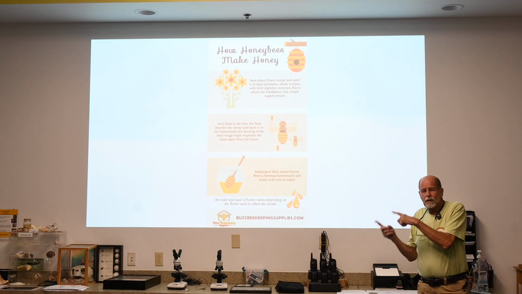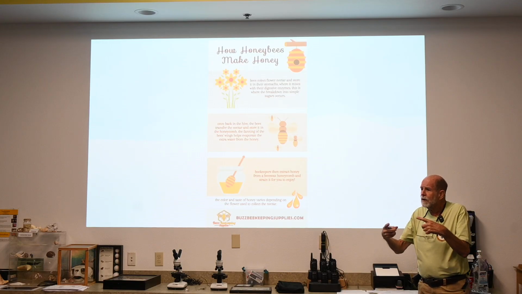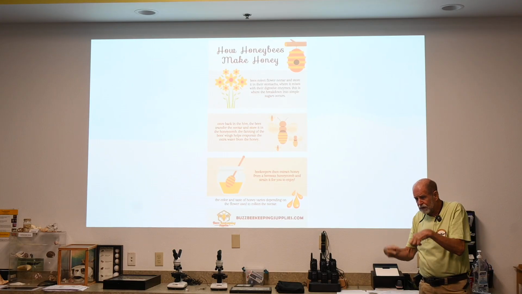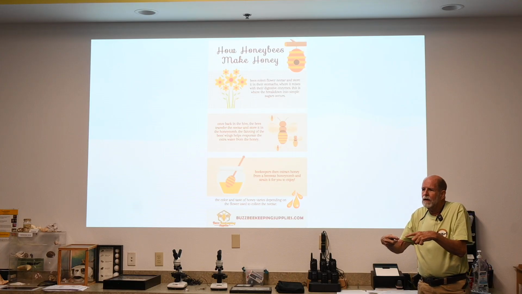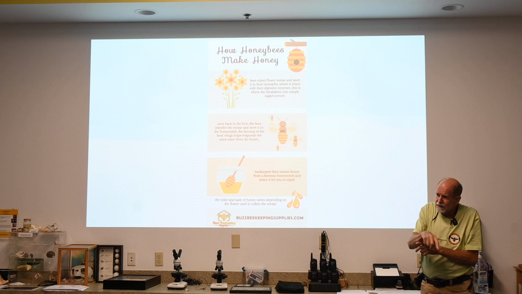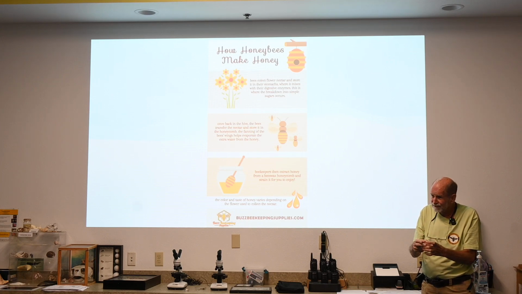She returns to the colony, to the hive, and shares that nectar that she brought with the worker bees, which will take them into their stomach, add more enzymes, take it over, and then deposit it into a cell in the beeswax.